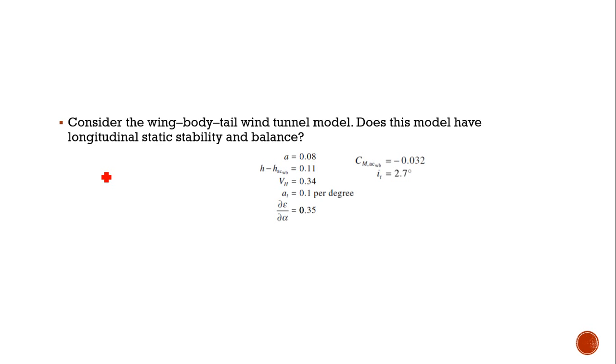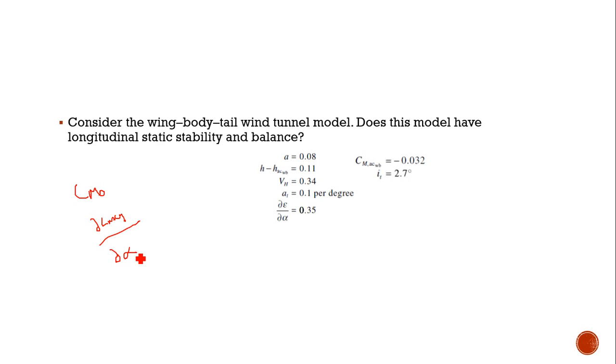In order to find the static stability, we need to find two things. One is CM0, as I have told earlier, and dou CMCG divided by dou alpha A.